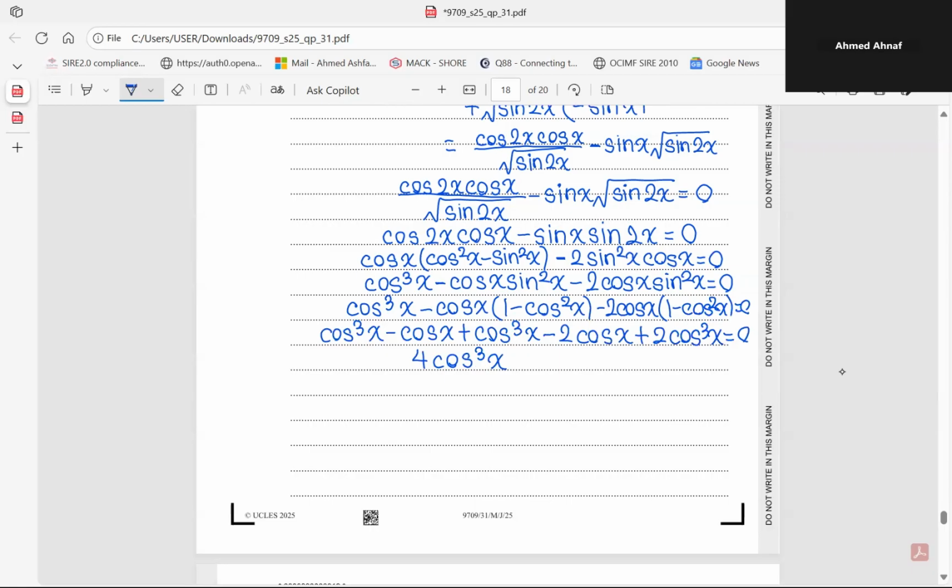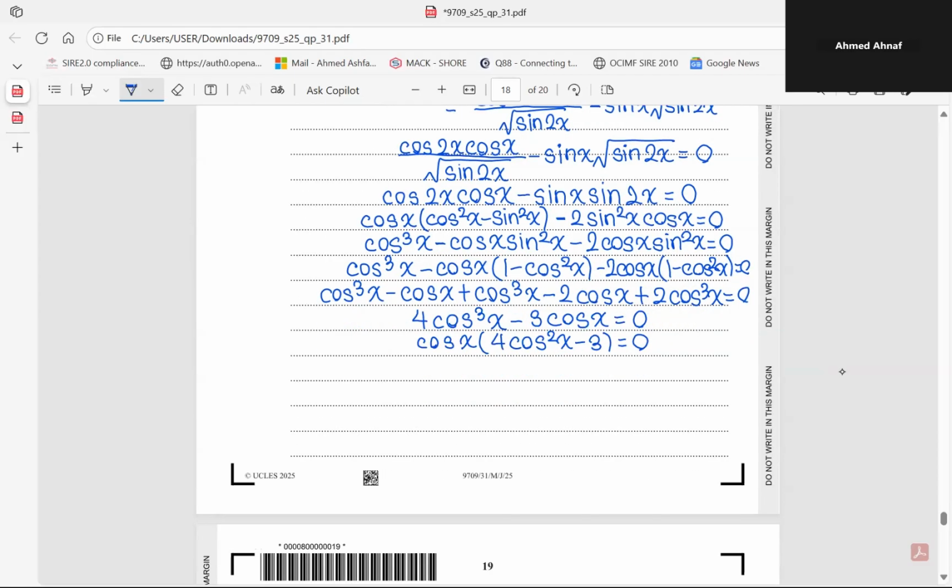And for the cosine x terms, we have minus cosine x minus 2 cosine x, which is minus 3 cosine x, equals 0. Now we're going to factor out the cosine x to get cosine x times (4 cosine squared x minus 3) equals 0.